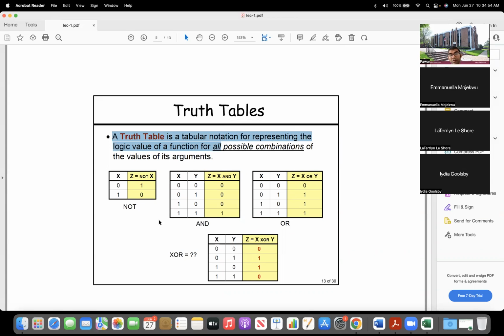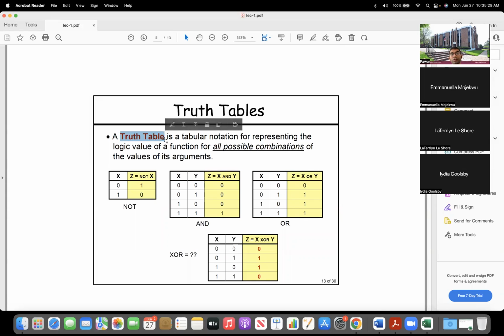Now there is a logic involved: you're multiplying, you're adding, you're negating, you're changing the output. You are doing some calculations, adding some functions. So the way to present this logic in a tabular notation is called a truth table.